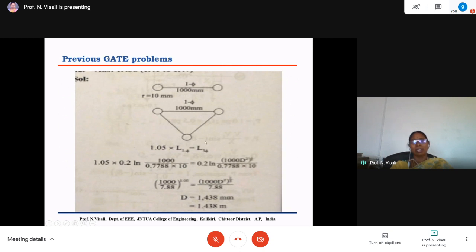The three phase inductance will be 5% more than the single phase, so we can write this equation.